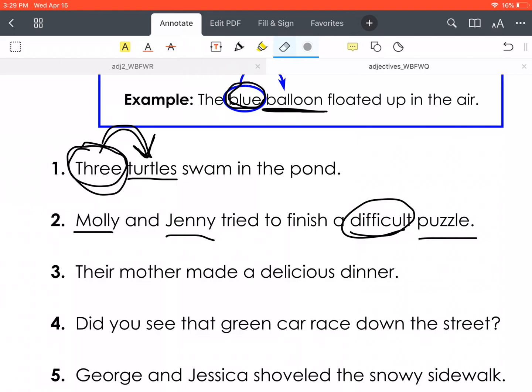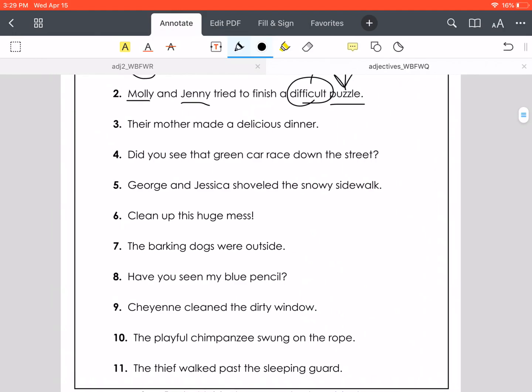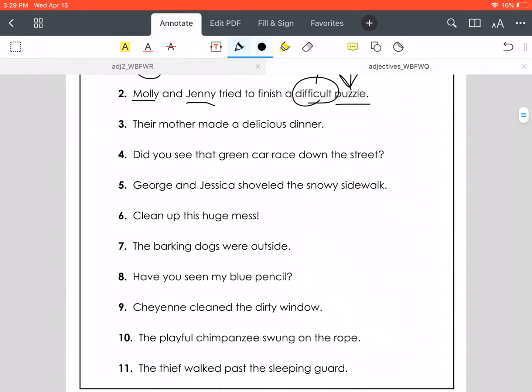Maybe it went from a puzzle of like 12 pieces to a puzzle of 1,000,000 pieces. Oh my gosh, it's such a difficult puzzle. So that's what the adjective is. Difficult describes puzzle. So you're going to go through and finish numbers 3 through 11 and circle the adjective and draw an arrow to the noun that it describes.